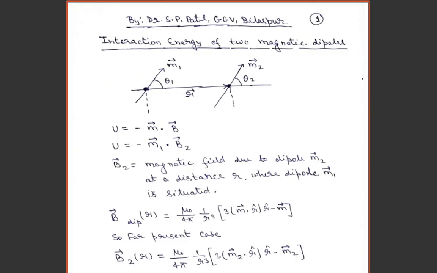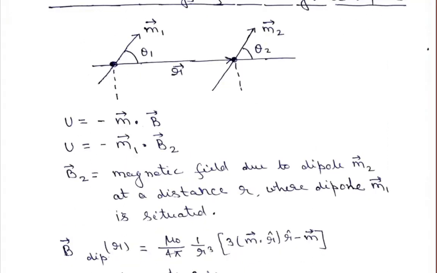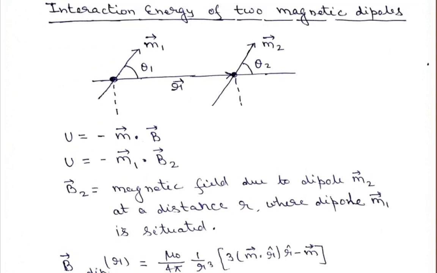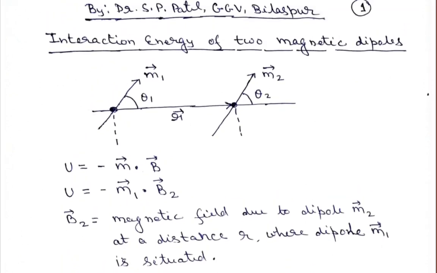As I mentioned, in this lecture we will try to calculate the energy of two interacting dipoles in a magnetic field. So, let us assume that there are two dipoles, dipole M1 and dipole M2.